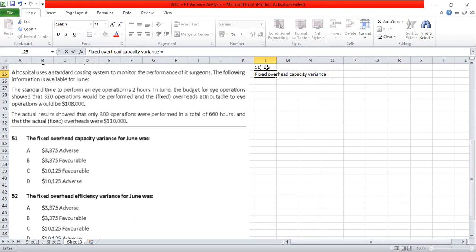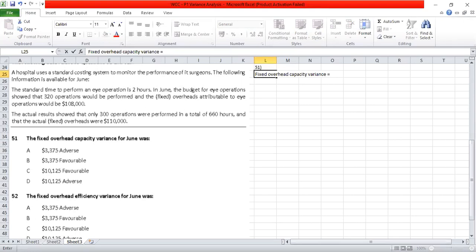They took up 300 operations, performed in a total of 660 hours, and the actual fixed overheads were 110,000. So we have the same set of data, but the term mentioned here is capacity variance. So the capacity to take up the eye operations in this specific case.